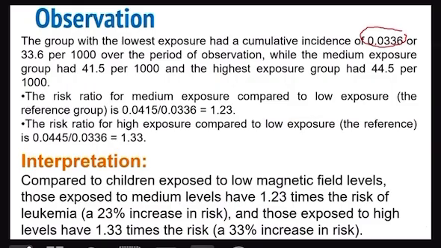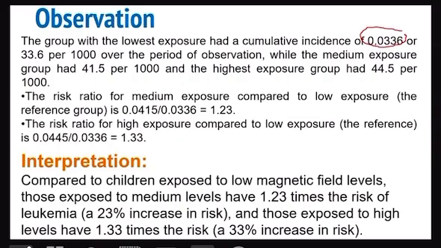If you want to interpret that, you can multiply by 1,000. I'm going to say 33.6 per 1,000 over the period that we have observed. We also interpret the medium group, and the high exposure group as well.